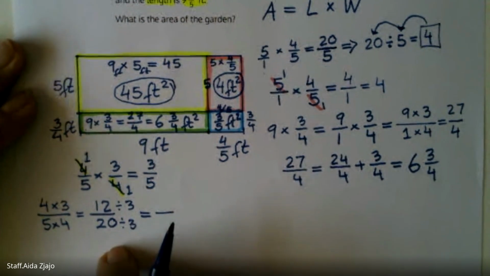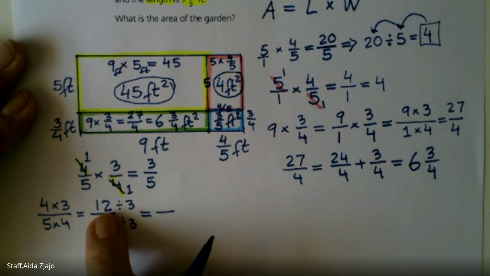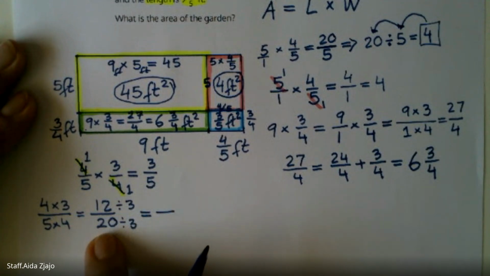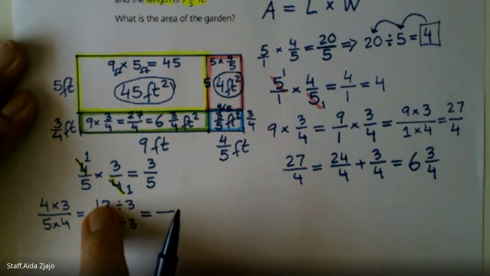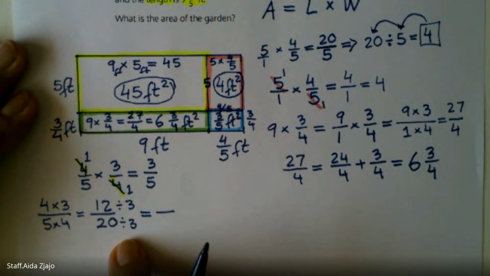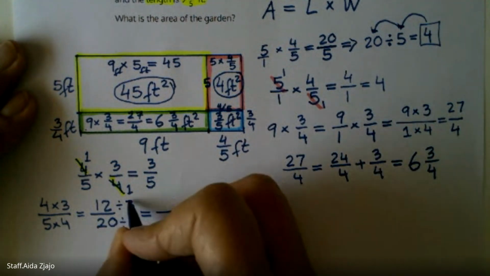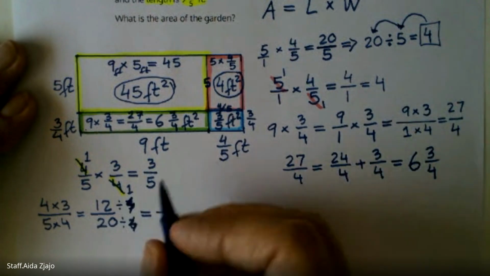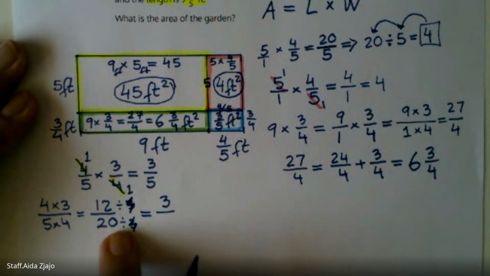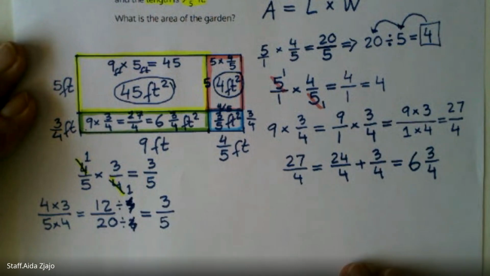I just purposely made a mistake here. You can't just think that if 12 can be divided by 3, then 20 can be. You have to find a number that both the denominator and numerator can be divided by. So it's not 3. How about 4? You can try 4, and that will work. 12 divided by 4 is 3, and 20 divided by 4 is 5. So you got yourself the answer.